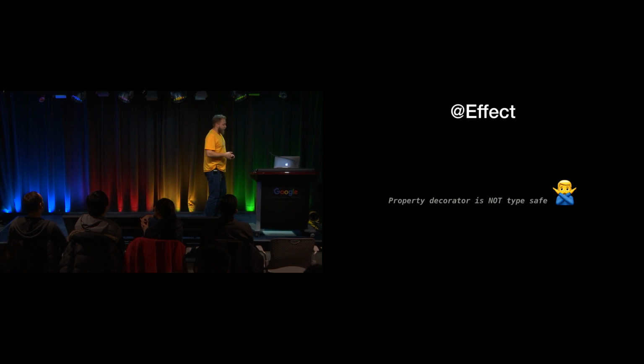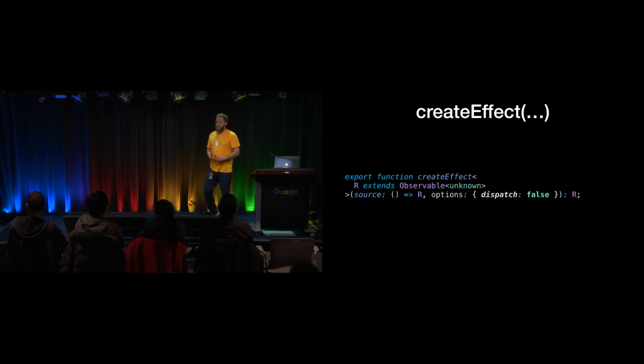OK, so here comes the function. Functions can actually enforce a specific type. And this is how our createEffect was replacing the Effect decorator. So the basic signature takes two things. First is our action pipe, whatever Observable, which is R there.